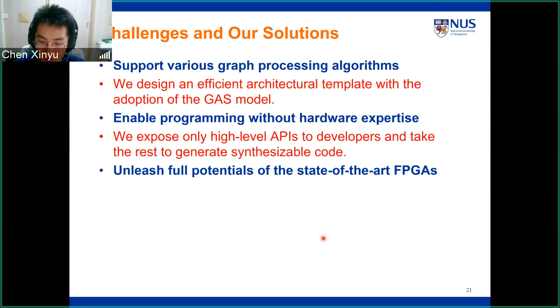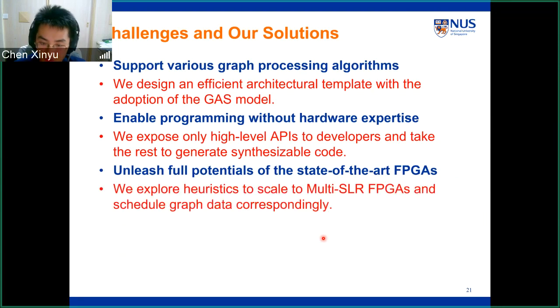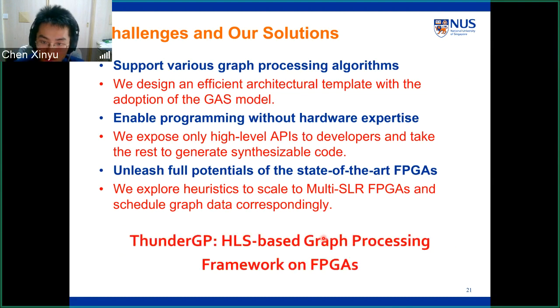They have multiple SLRs and multiple memory channels. So we propose some heuristics to scale our architectural template to multiple-SLR FPGAs. And also we schedule the graph data to utilize the generated accelerator correspondingly. So combining all these solutions, we propose ThunderGP.